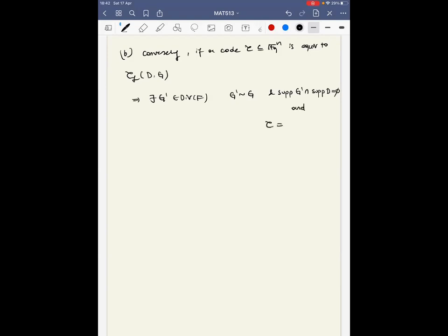And indeed, this code is nothing but the algebraic geometric code defined by G prime.